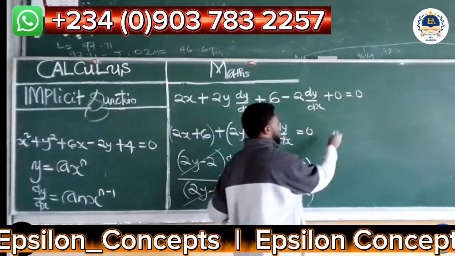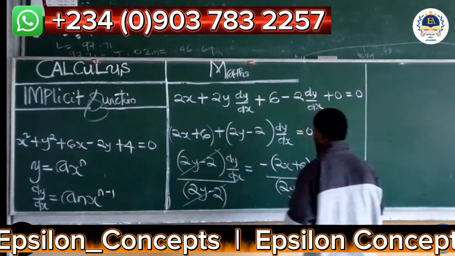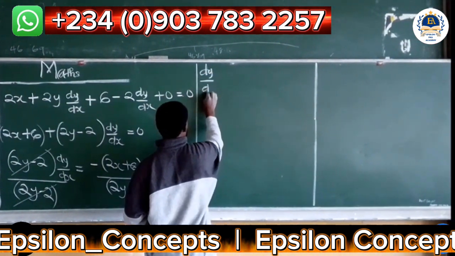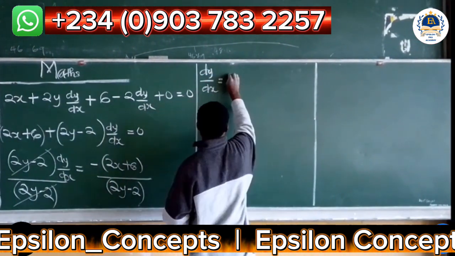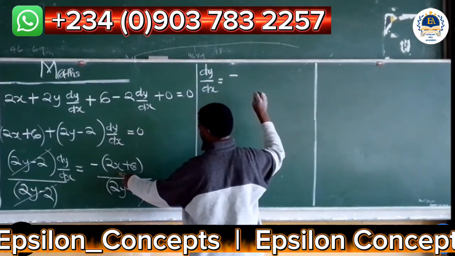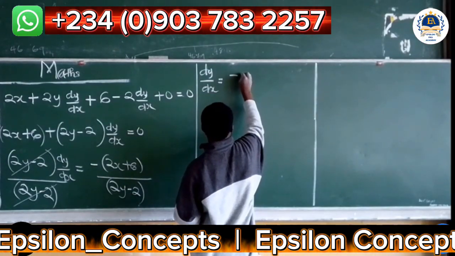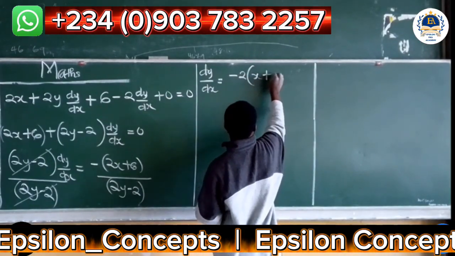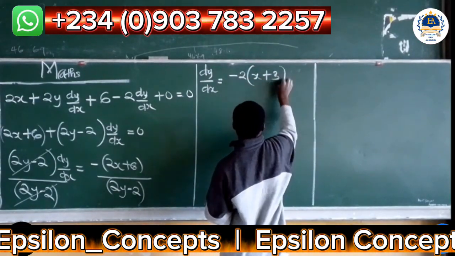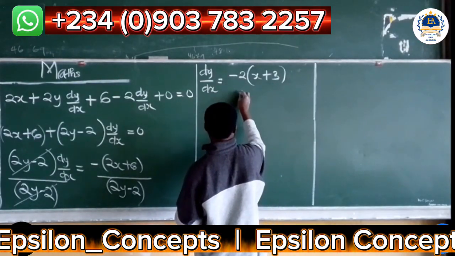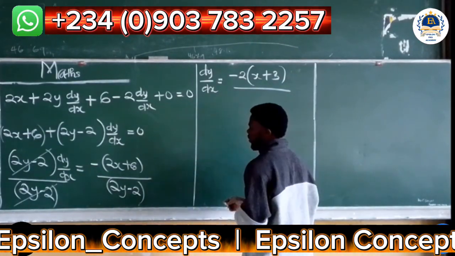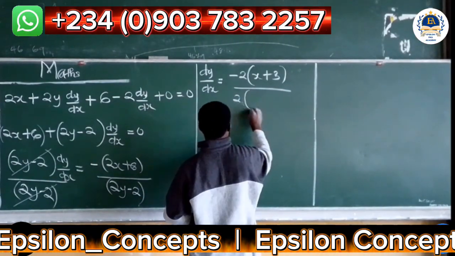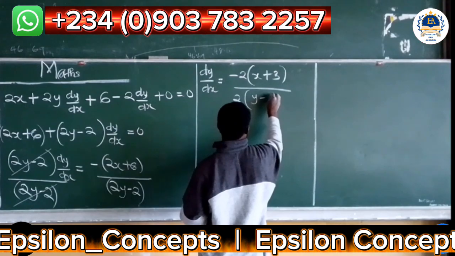And dy over dx will equal minus, if you factorize this, we have 2 in bracket x plus 3, all divided by, if you factorize the denominator, we have 2 in bracket y minus 1.